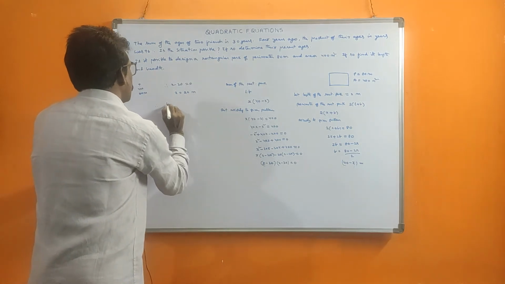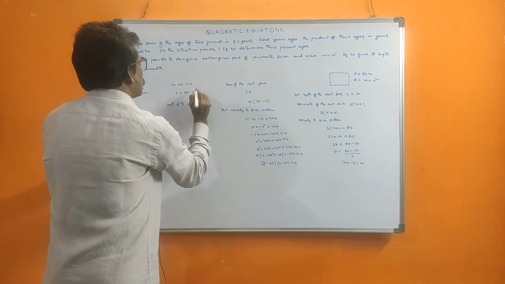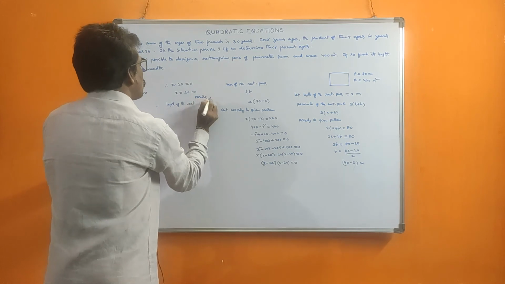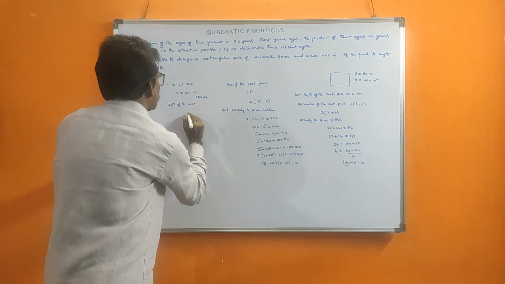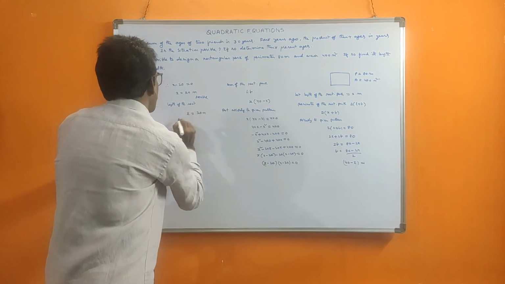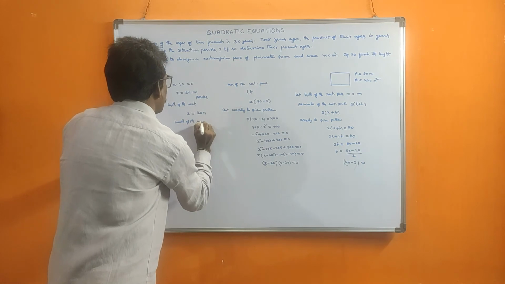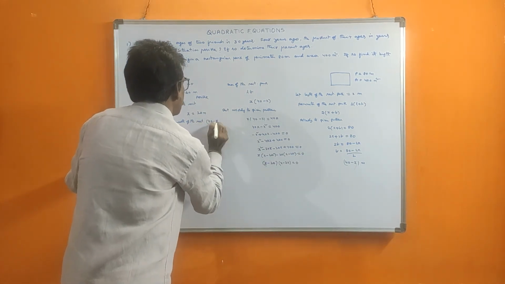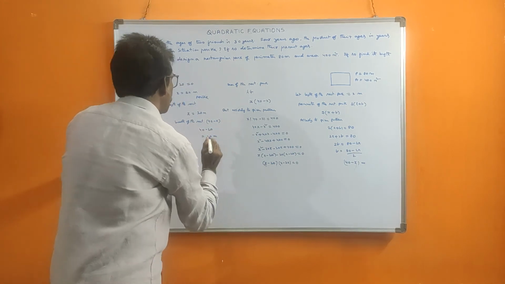Therefore, is it possible? This is possible, right? It is possible to construct this rectangle. The length of the rectangle x is equal to 20 meters. Breadth of the rectangular park: 40 minus x, that is 40 minus 20, so 20 meters only.